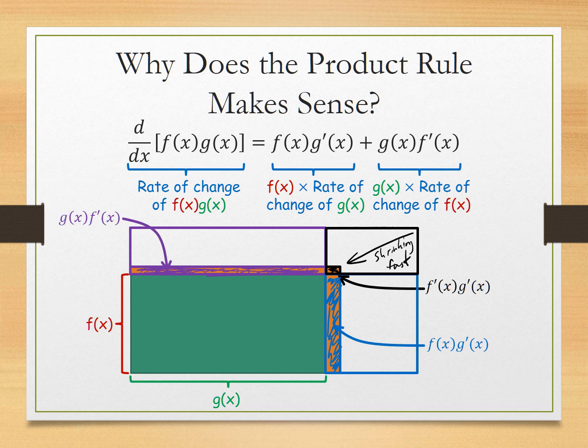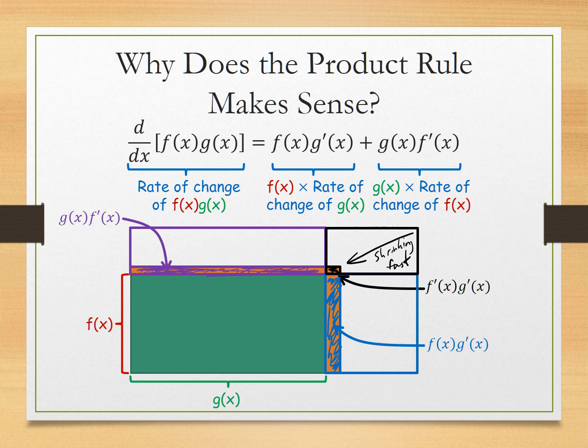It's shrinking very fast. As you look at smaller and smaller changes in area, the black area would approach zero a lot faster than the purple area and the blue area.